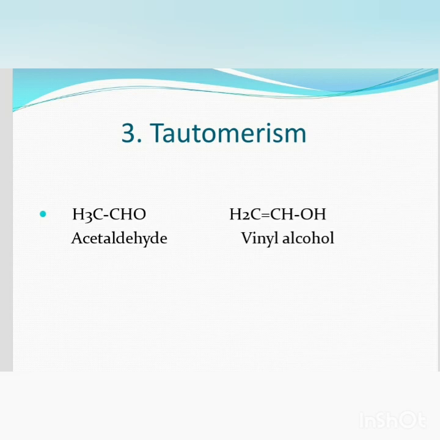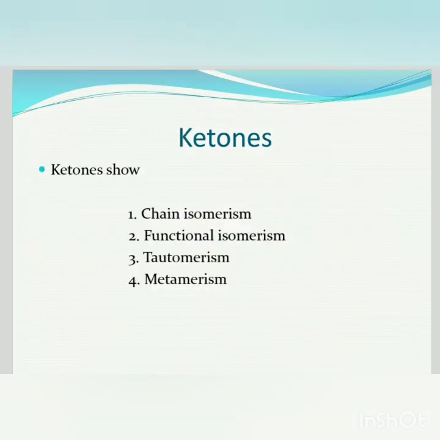And next one is ketone isomers. Ketones show different types of isomerism. Number one is chain isomerism. Number two is functional isomerism. Number three is tautomerism. Number four is metamerism.